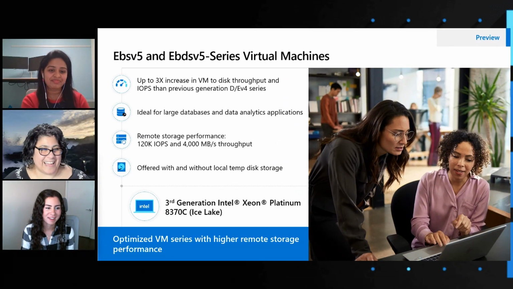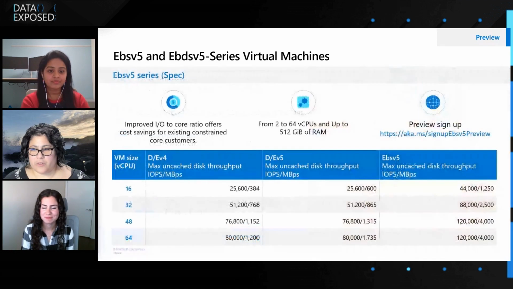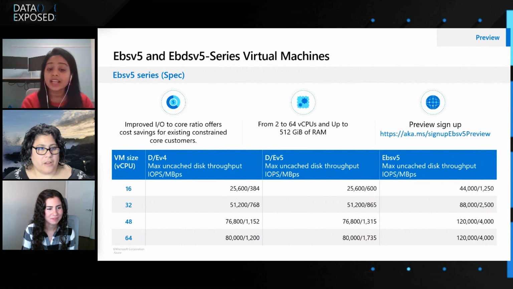Yeah. Priya, should we show them how it compares to some of the other VMs? Yeah. Okay. So let's move over. Yeah, in terms of benefits to customers, what we can see here is the Ebdsv5 series is offering higher IO to core ratio than what is offered in our previous generations.